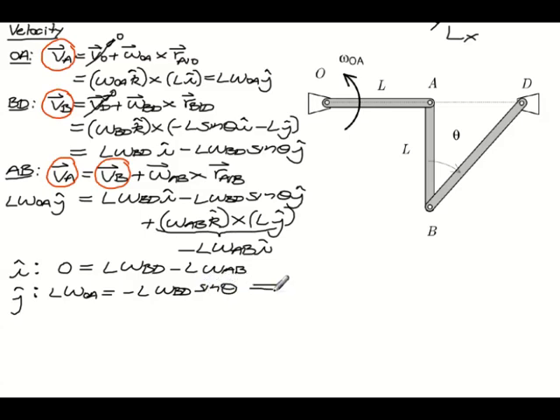So it's the second equation that gives us the first answer, which says that omega BD is equal to, the L's cancel out, minus omega OA divided by sine theta.